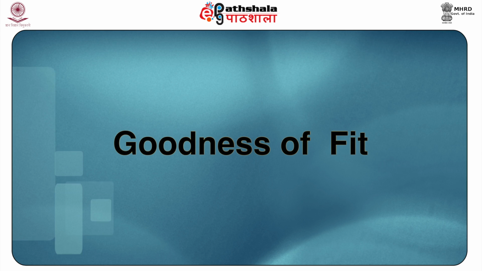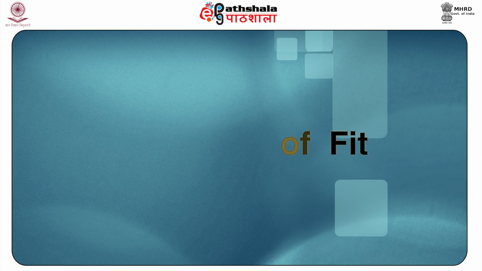Let us now try to understand the goodness of fit. In the simple regression model, R square was defined as the variation in the dependent variable explained by the variation in the independent variable. That is, R square is equal to the explained sum of squares, ESS, upon the total sum of squares, TSS.